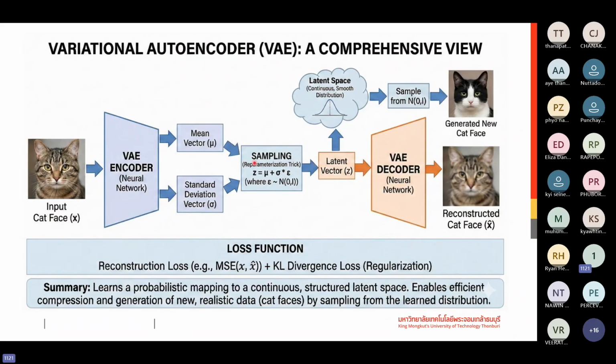That is, you use C equals mu plus sigma times epsilon, sample from that, and then train with the reconstruction loss and KL divergence. Okay, so the network looks like that. You have the VAE encoder, converting to a mean vector and a standard deviation vector, which are learned. They are combined and then sampled. You have the latent space, and you can then train it.